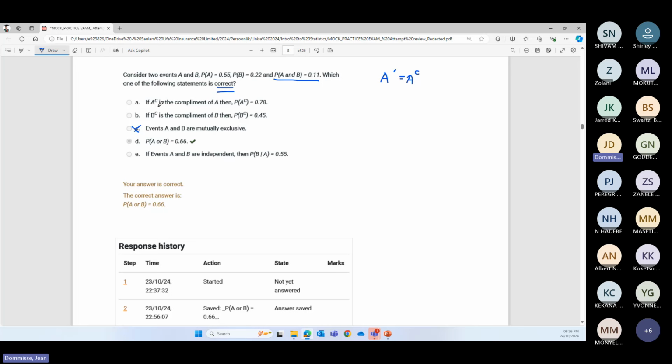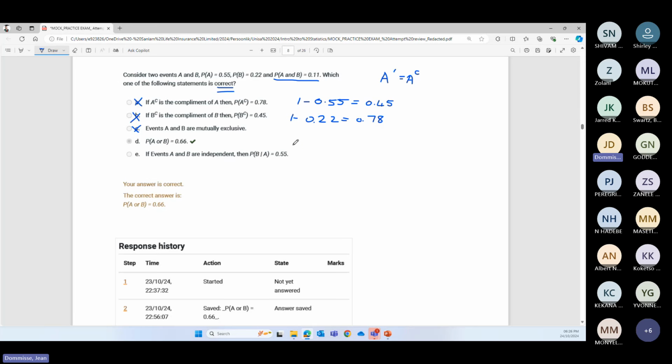Then the complement of A is 1 minus 0.55, so complement of A is 0.45. They just swapped those two around. Complement of B, yeah, they just swapped those two around basically.